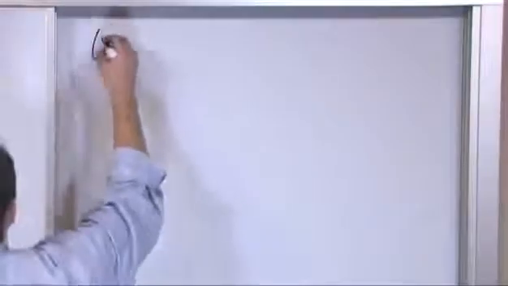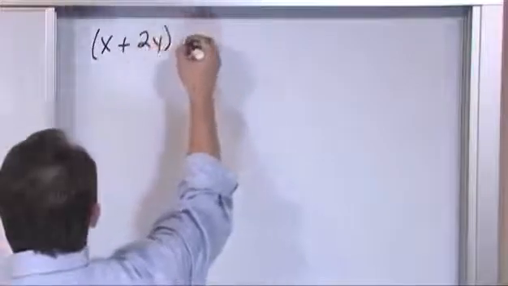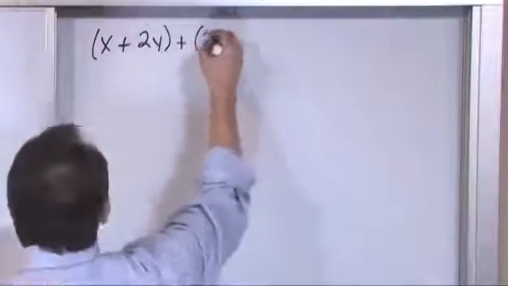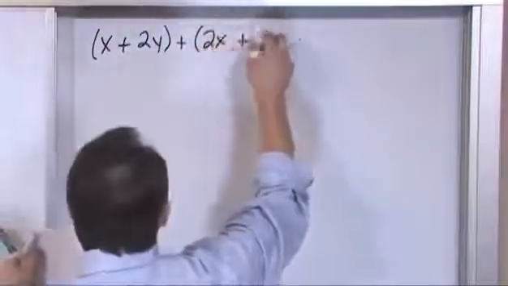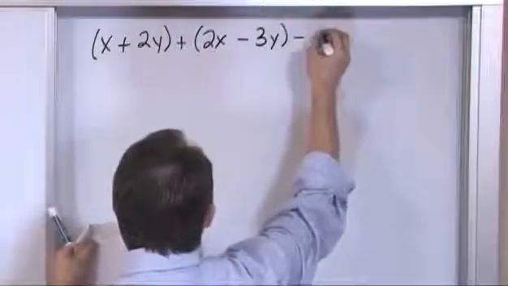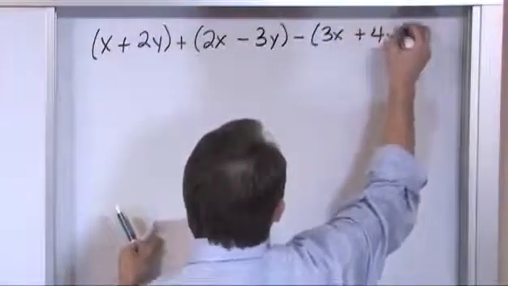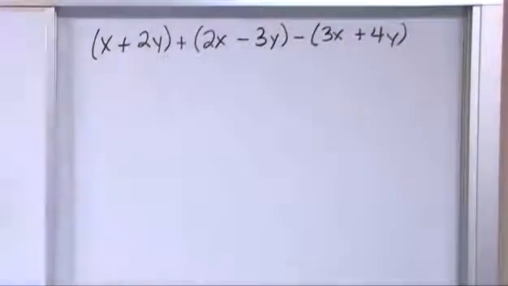What if I have x plus 2y plus 2x, actually let's make it a minus 3y, minus 3x plus 4y? So you see, this process can be applied to anything you're adding together. And here we have 3 terms.